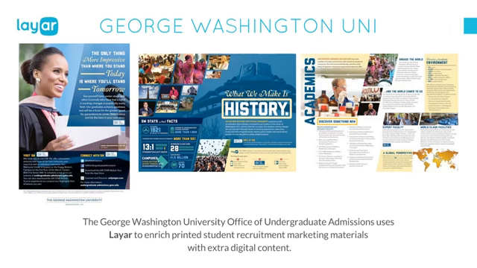Here's another one from George Washington University, and again, this is recruitment and marketing material to show what you can do at George Washington University and what some of the possibilities are by joining the school.